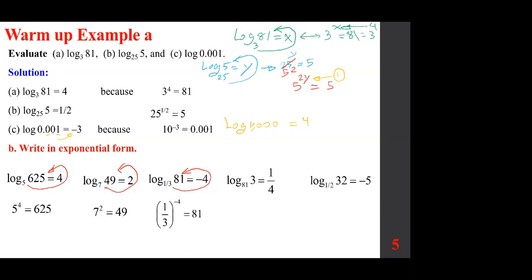Next one. 81 to the power of 1/4 is equal to 3. And finally, 1/2 to the power of -5 is equal to 32. Perfect. So I hope you see it's pretty simple. If we can go from one format to the next, it makes life easy.